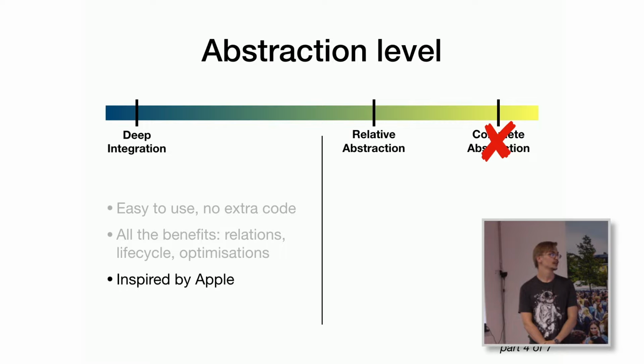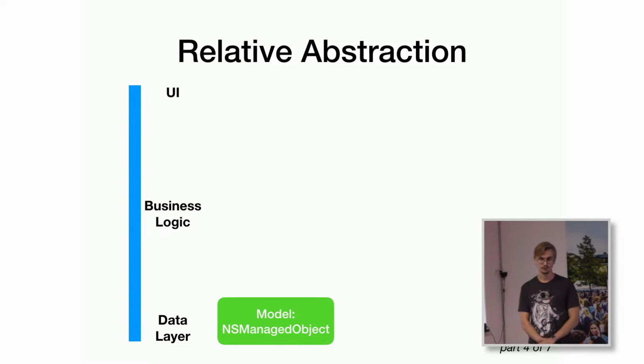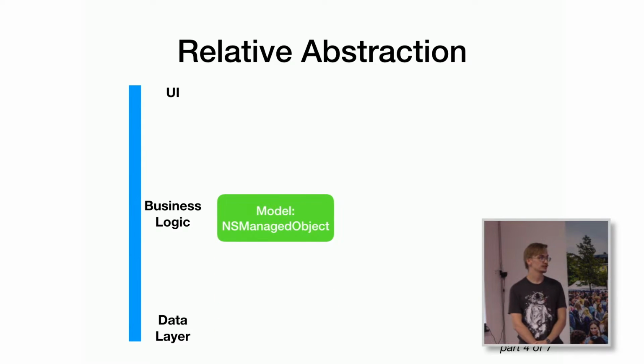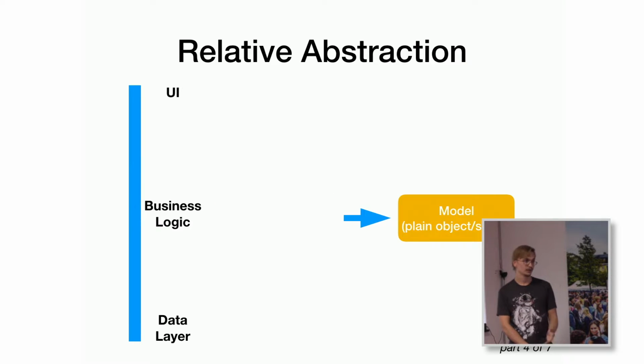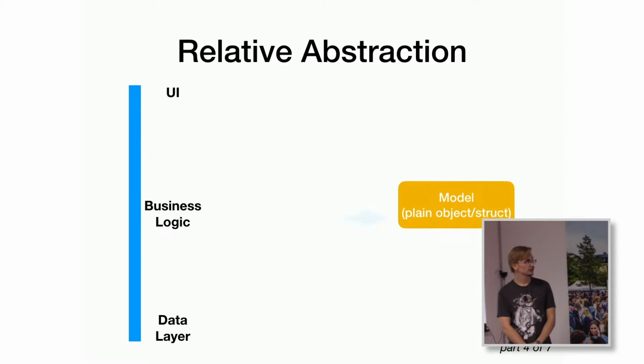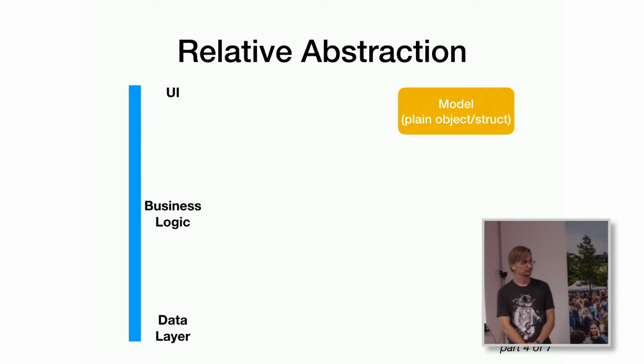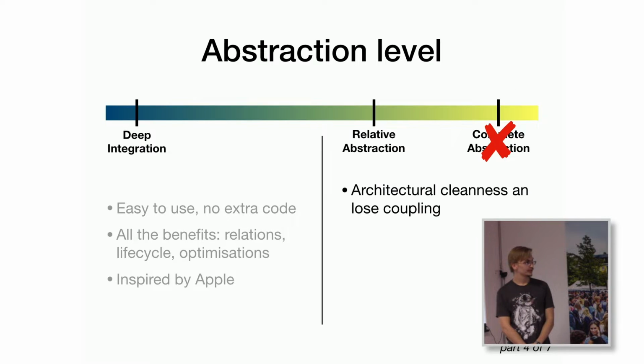Instead of this, we can think about some relative abstraction. So for some models, in some business units, we do have the border which core data objects are not supposed to cross. Here we map core data models to plain objects and pass them further. There is an opinion that this way we can make our architecture cleaner because we have looser coupling.